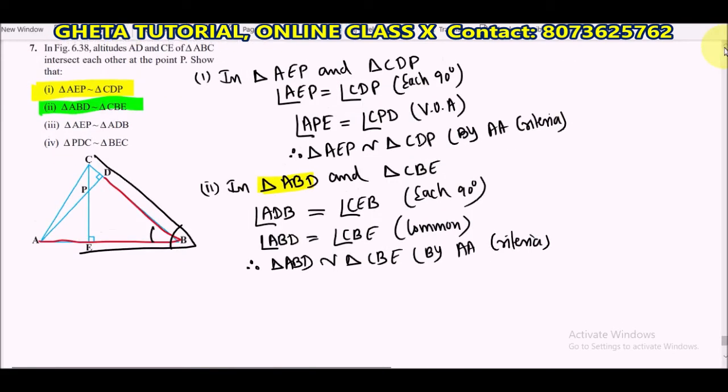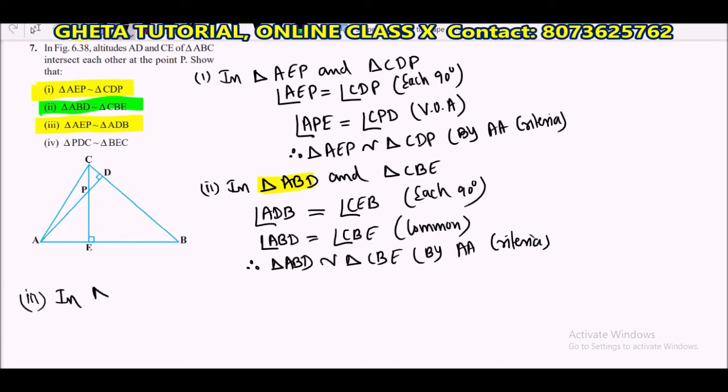Next we go for triangle AEP and triangle ADB. In triangle AEP, which angle is 90 degrees?